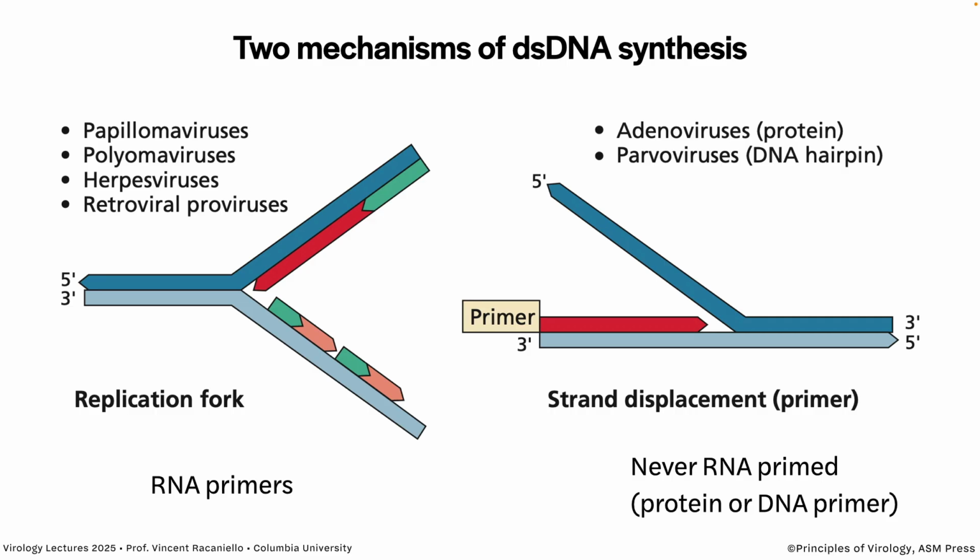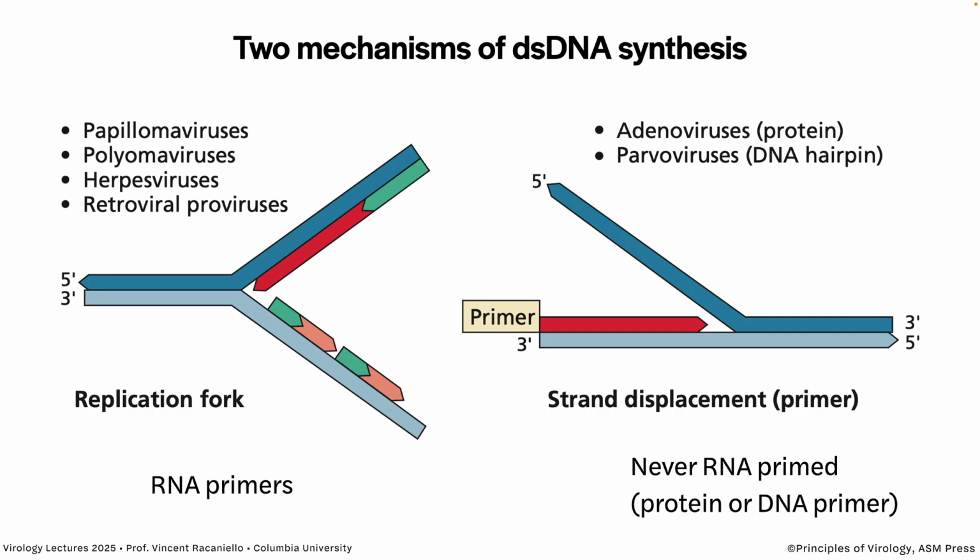So the replication fork is named so because it looks like a fork. You know, when you get to a fork in the road, take it. Do you know that quote? That's a fork, and you have DNA synthesis occurring on both strands at the same time. Okay, bidirectional DNA synthesis.